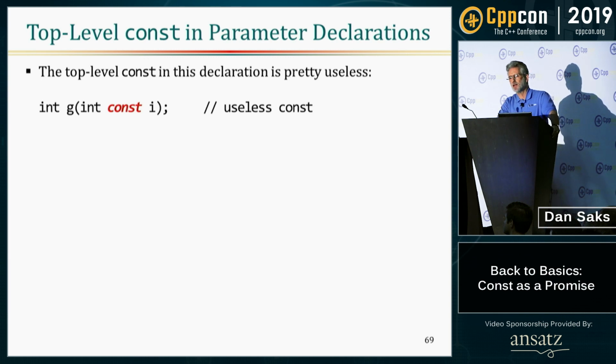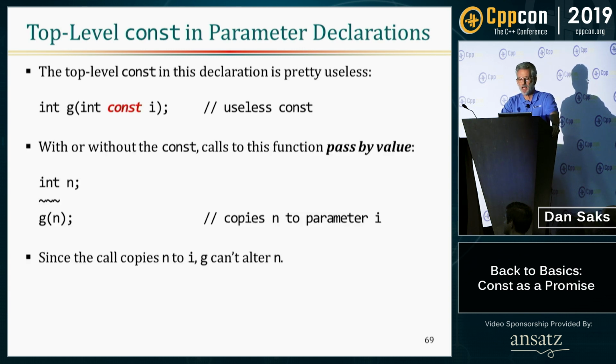So what about top-level types in parameters? Like this. Here's a function g that takes a const int. My advice is, regard this as useless. And the reason is, it's already passing by value. When you have an integer argument n, and you pass it to g, g's making a copy. That's what pass by value means.